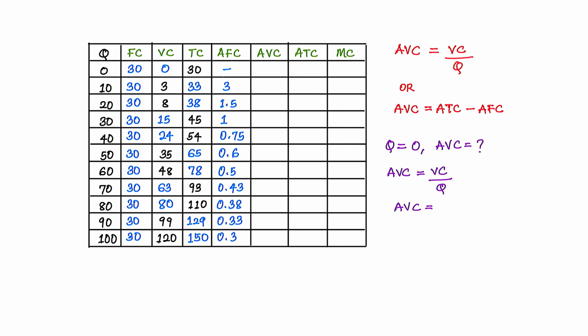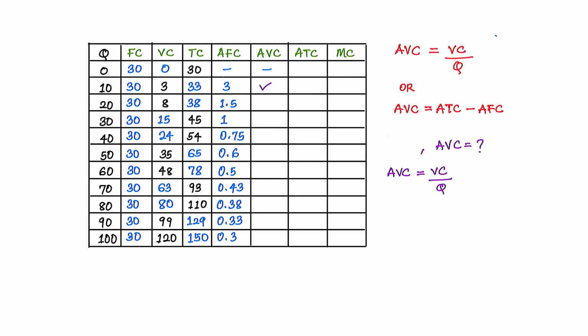The value of the variable cost when quantity is 0 is 0. So we have 0 divided by quantity 0. So we will have average variable cost equals undefined. Hence, the first box here is represented with a dash to represent the undefined.